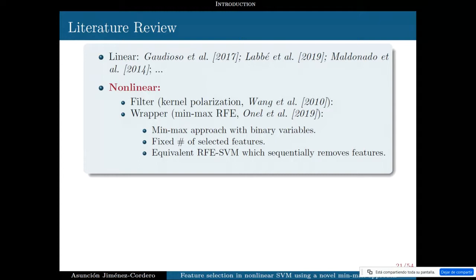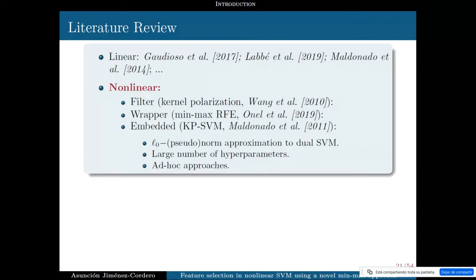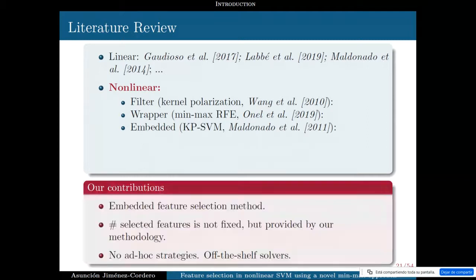We don't like this part. And for the embedded methods, there are a lot of works in this class, but the point is that most of them need to carefully tune several hyperparameters and need ad hoc approaches that are not very easy to understand.